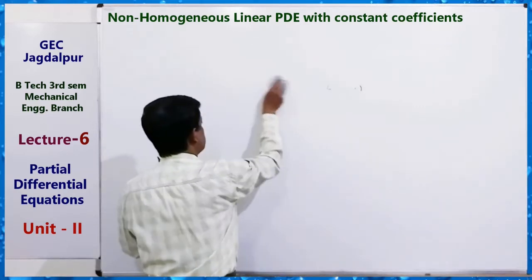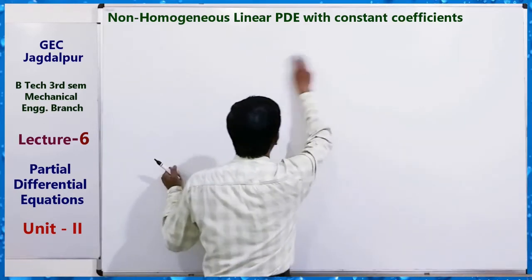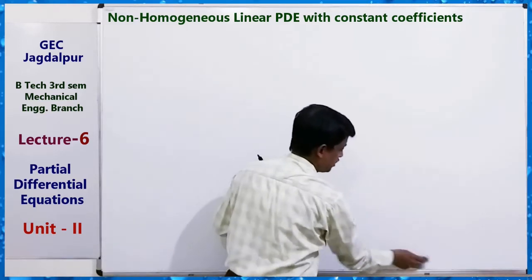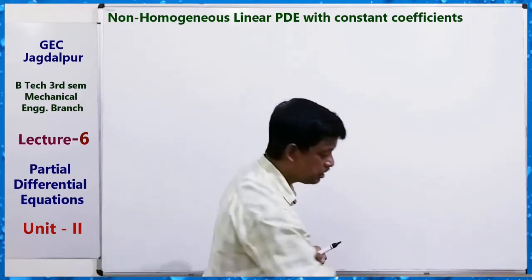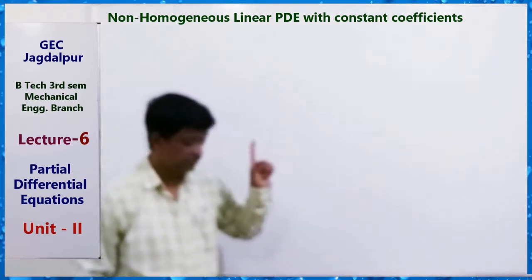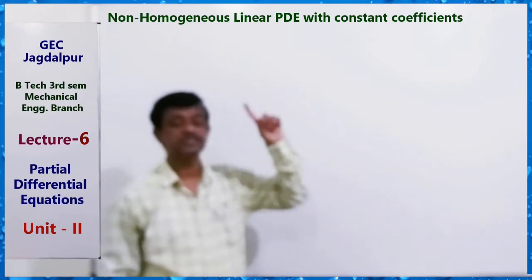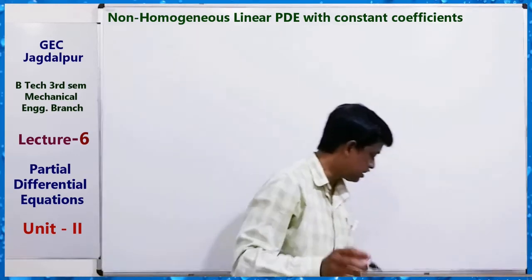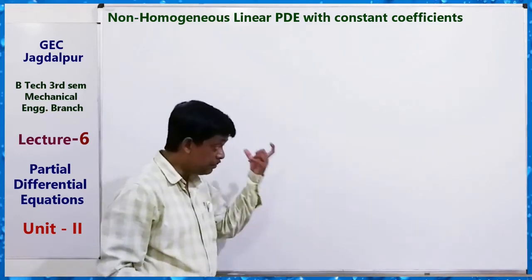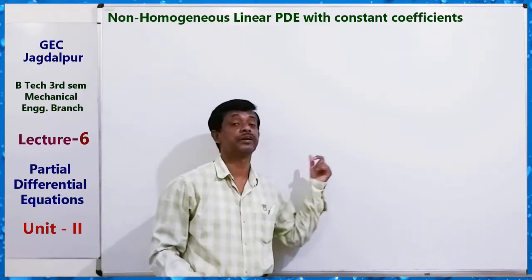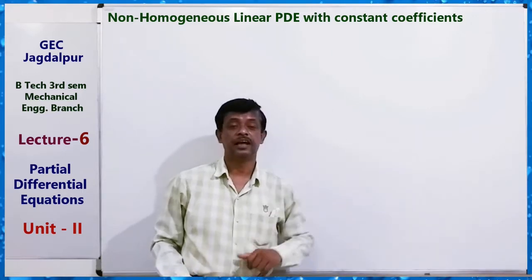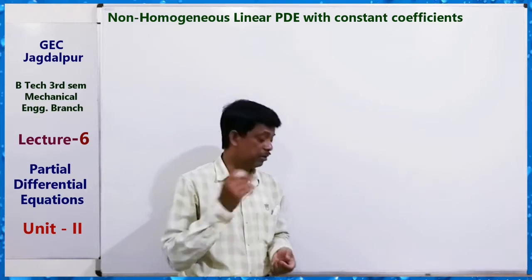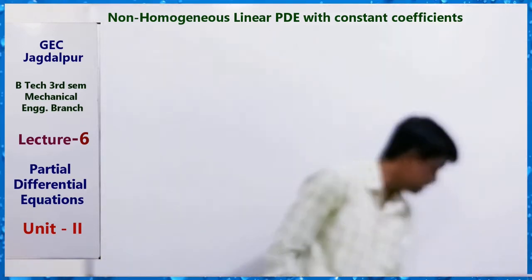Taking some questions, we can understand better what the method will be for solving non-homogeneous linear partial differential equation with constant coefficients. So take some first questions. Maybe f(D, D dash) cannot be factorized as linear in D and D dash. In that case, we will use another method. Suppose we have a question.